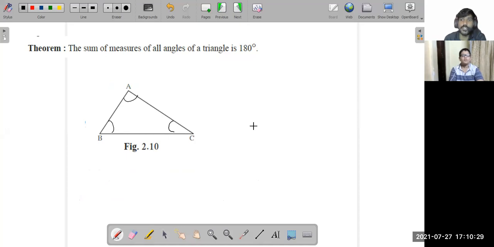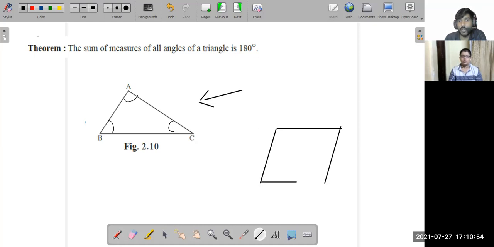What is the measure of a complete circle? 360 degrees. And what about a semicircle? 180. So the sum of measures of all three angles of a triangle is 180 degrees. What about a quadrilateral? The sum of measures of all four angles of a quadrilateral is 360. So this property you have to keep in mind.